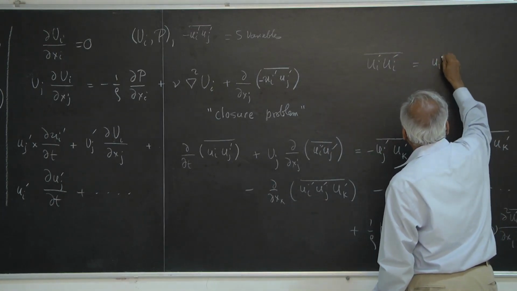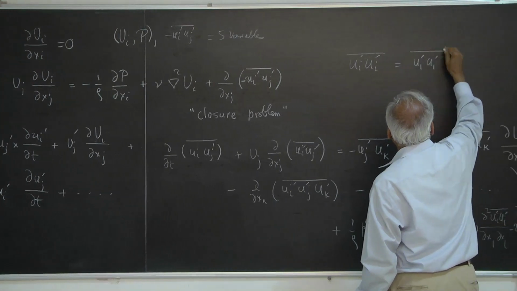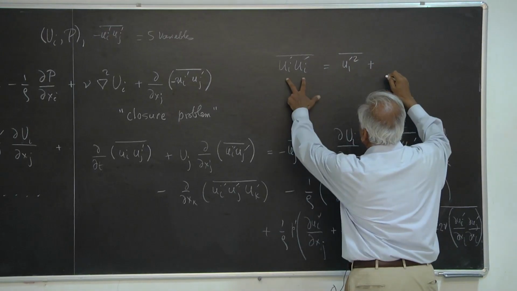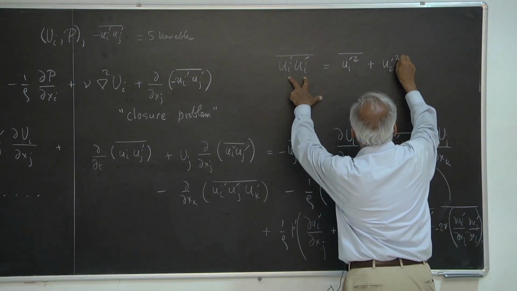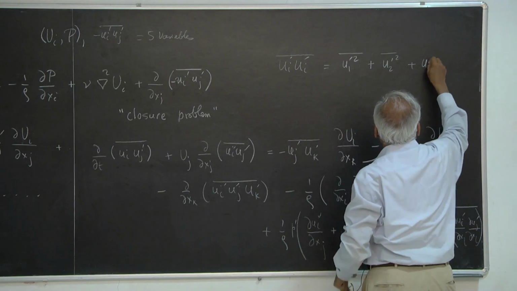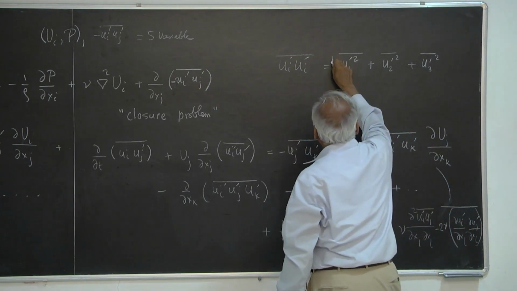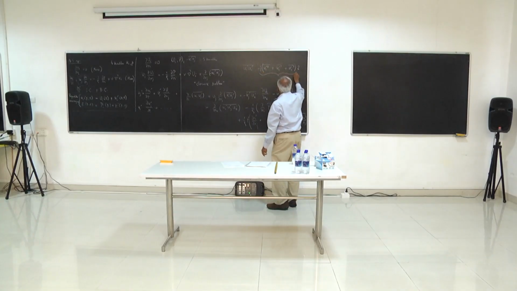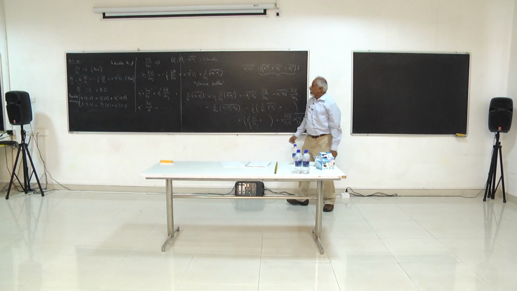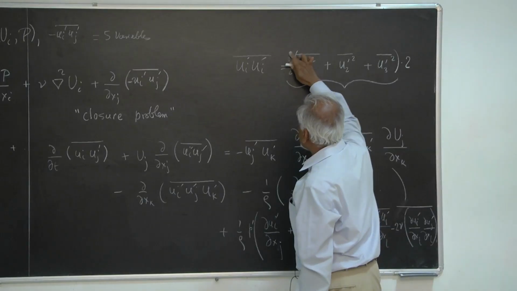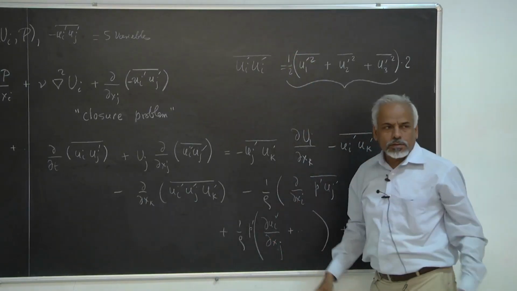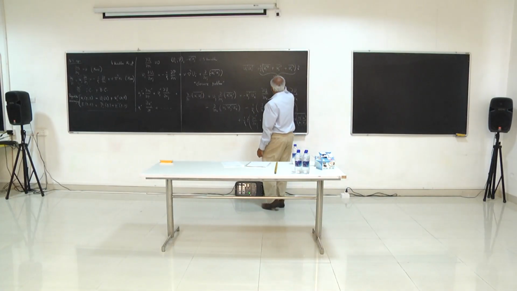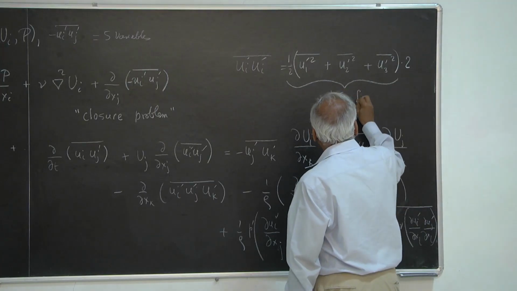This means u1 prime squared, and for the second term, I have u2 prime squared plus u3 prime squared, and I put a half there and a 2. This is the kinetic energy of the fluctuations, except for the fact that rho is missing. As I say, rho is constant, so I simply assume that it doesn't matter. So that's the kinetic energy of the fluctuations.